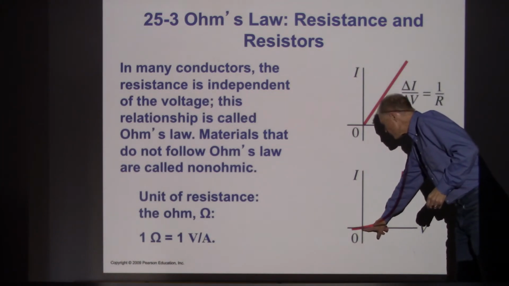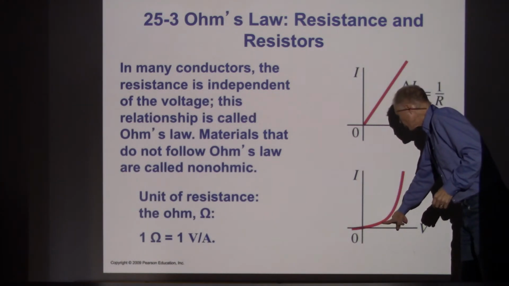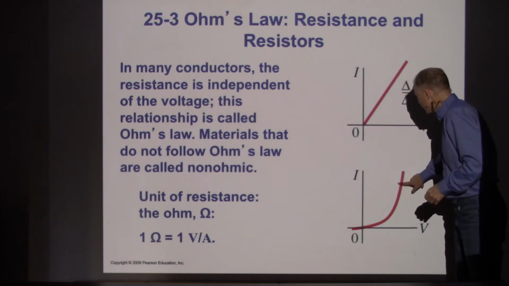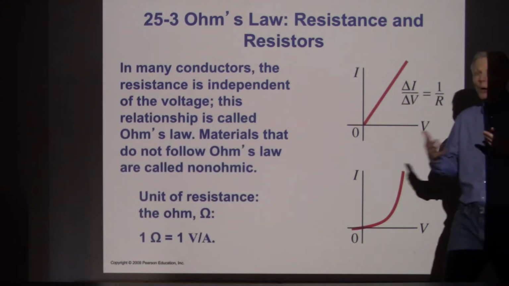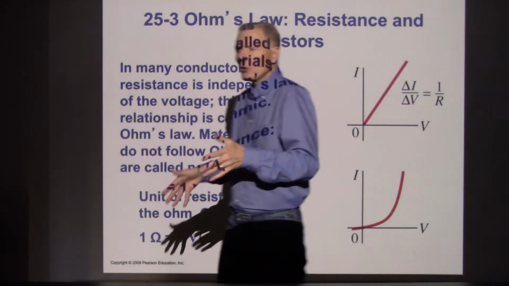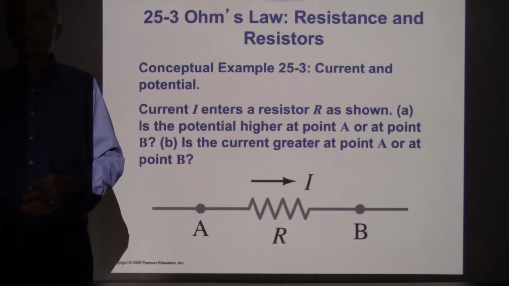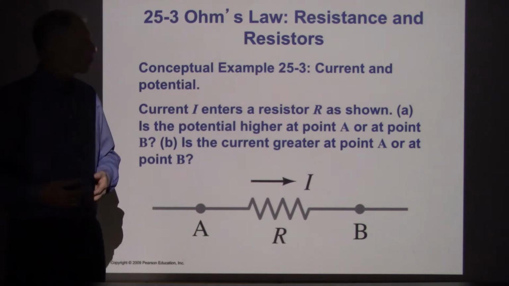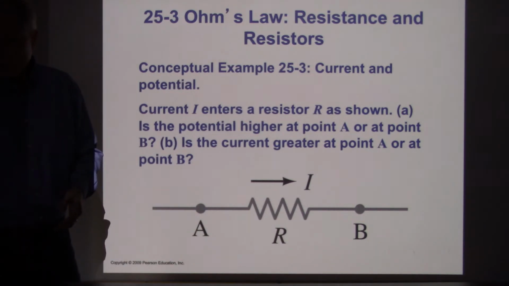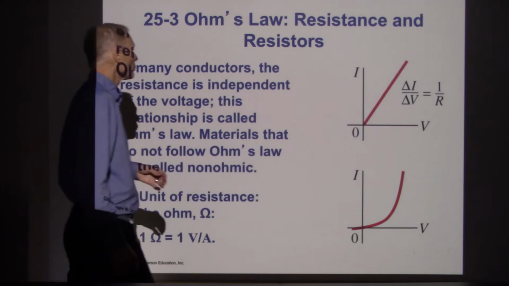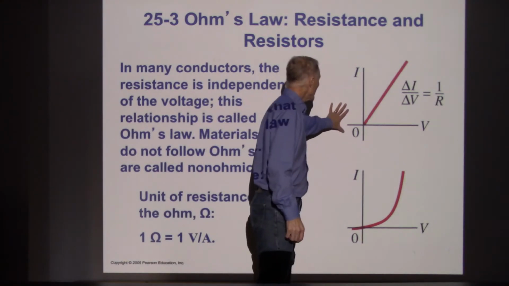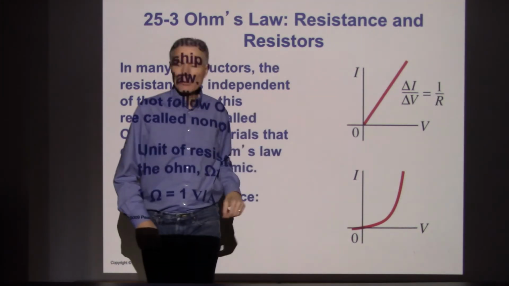Instead, what happens is the voltage goes up at first, the current goes up slowly, but then it rises more rapidly. So there are materials that don't follow this nice linear relationship, and they're more complicated to analyze. For our purposes right now, we're going to be sticking with devices that do follow the simple formula for the most part. We're going to be looking at devices that behave this way.